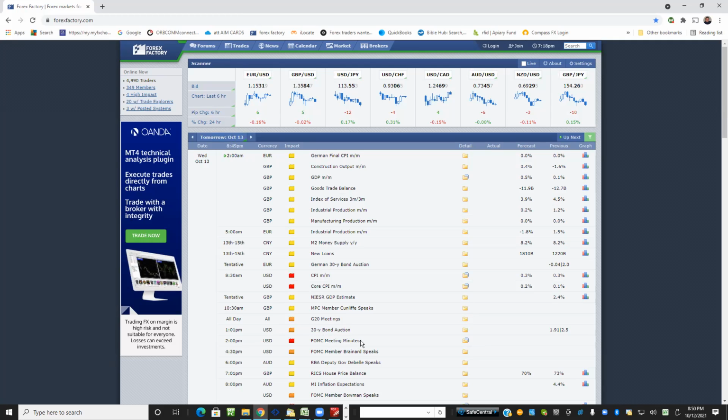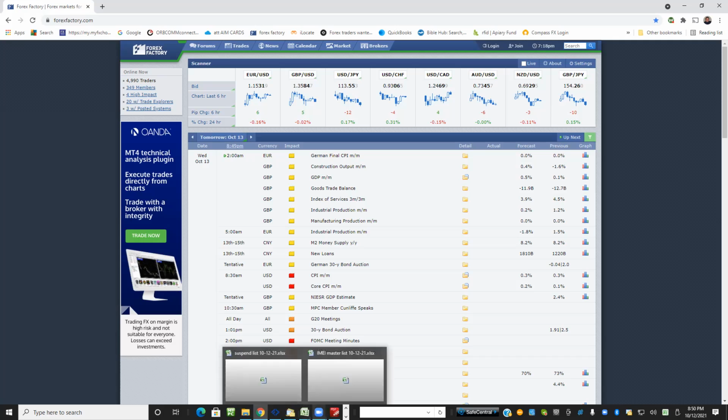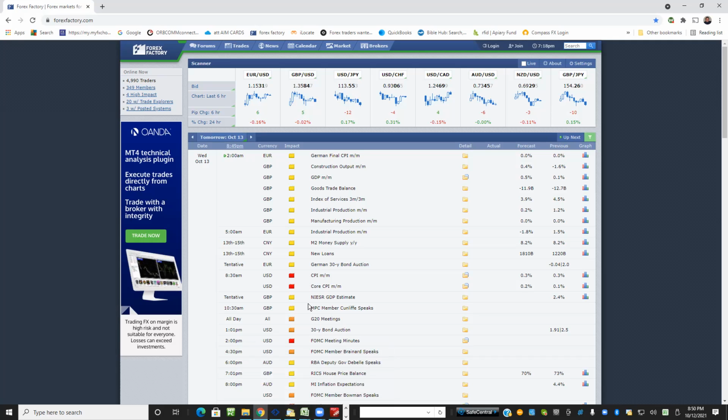If they say that in the meeting notes, you're going to see a lot of movement at 2 o'clock also. That is the reason the last couple of days have been narrow range days: these are big announcements coming up tomorrow, so people are waiting to decide what to do, and nobody wants to make any major moves before it comes out.